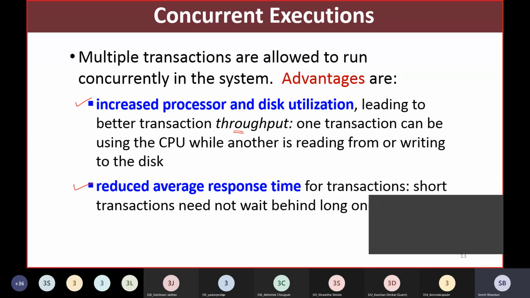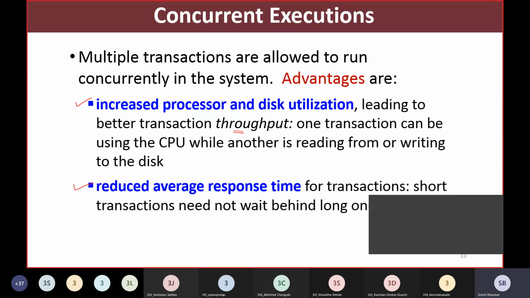If we allow transactions to run serially, what will happen? A short transaction may have to wait for a preceding long transaction to complete, and this may lead to unpredictable delays in running the transactions.